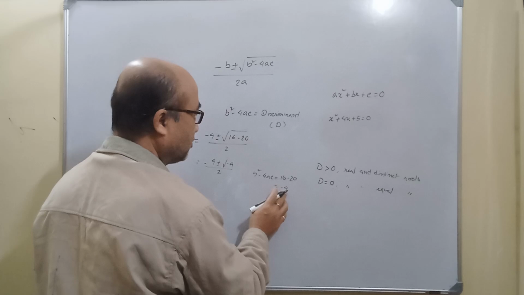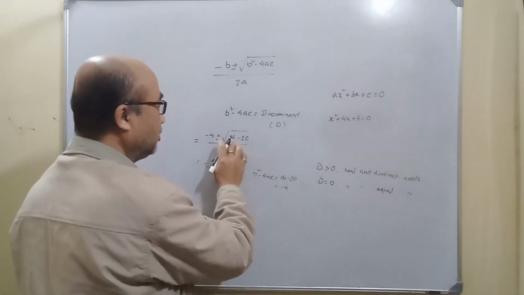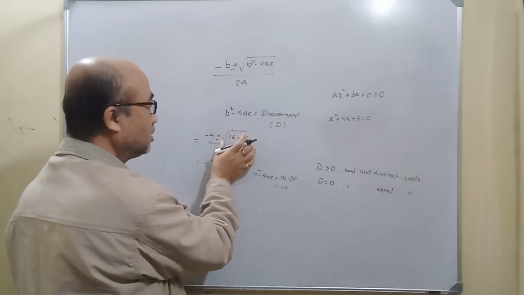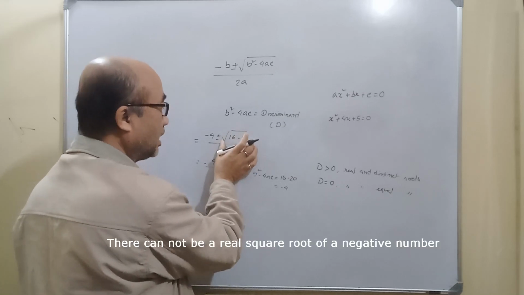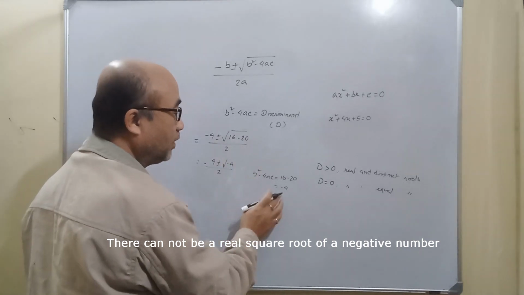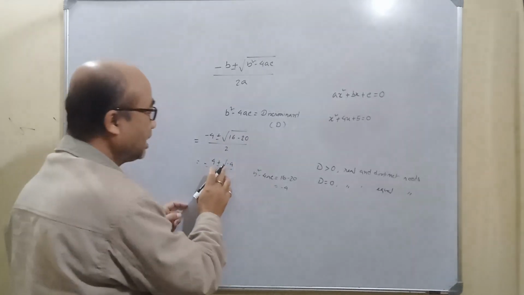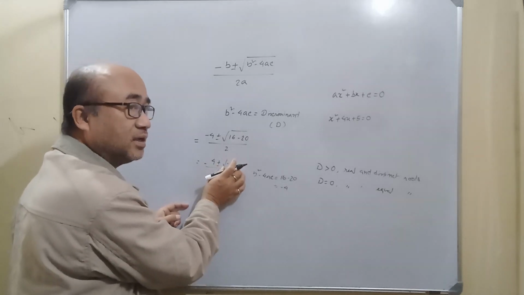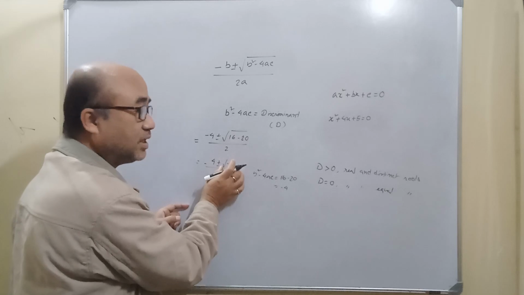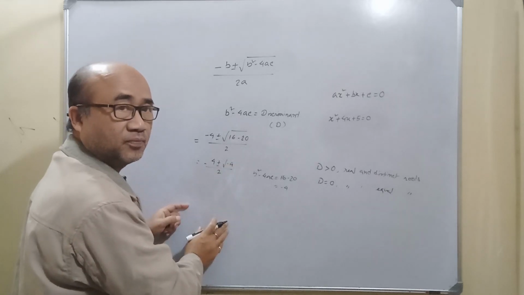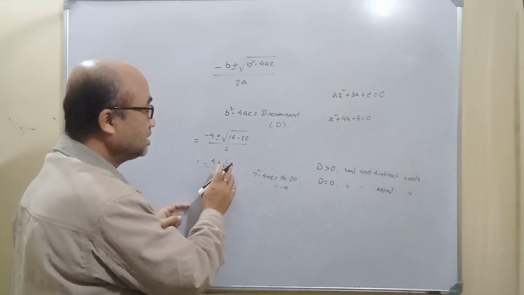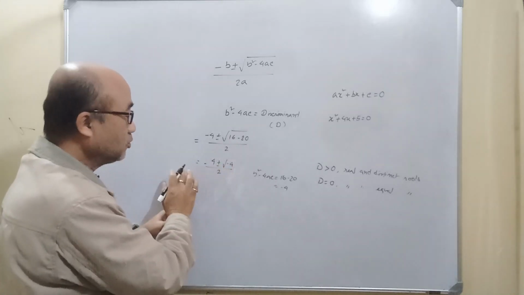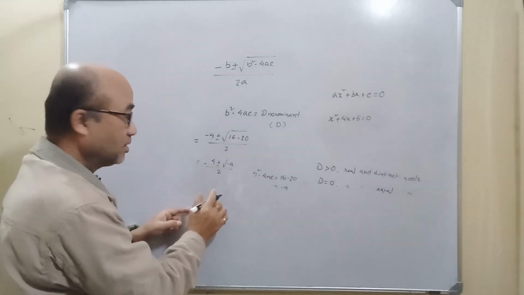So if it is negative, then we have to put it here, minus 4, and we get the square root of minus 4. But there cannot be any real square root of a negative number. Right? Because it is a negative number. So the whole thing is imaginary, so the roots are also imaginary.